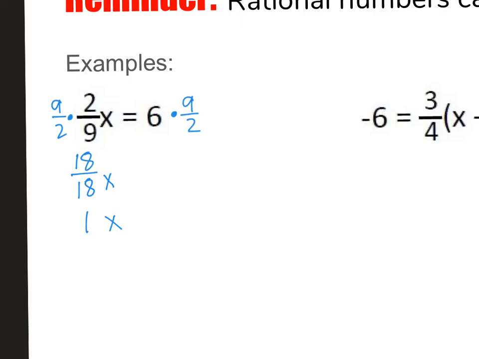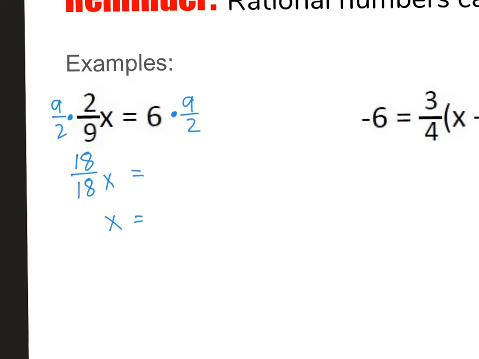You don't need to write this step right here. I did it to show you why it works. You can just go from here to here. And really, you don't even need that 1. You can just make it be x because we know there's that 1 there. So you can go ahead and just go right to the x. I just want to show you why it works.